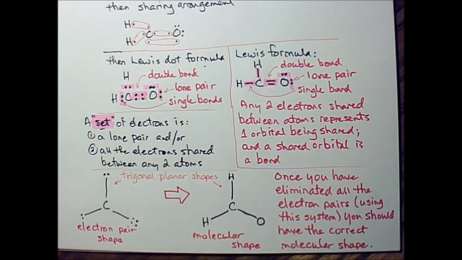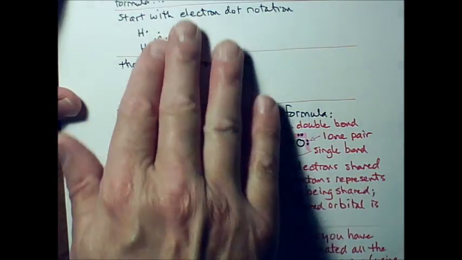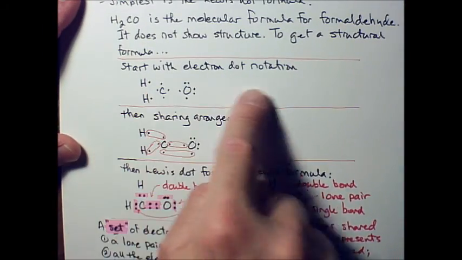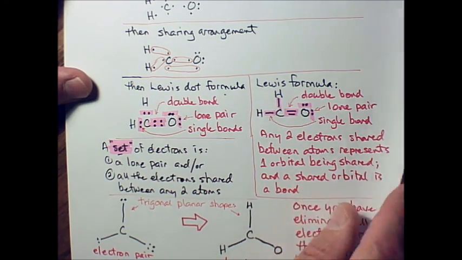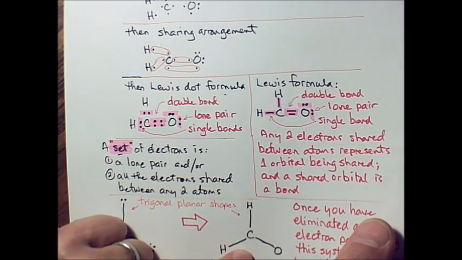Any questions about this step-by-step process? Basically what I've done is to take all the stuff we've been learning this week as little separate things, and we put it together as one long process here, starting with electron dot notation all the way down to the molecular shape. Okay?